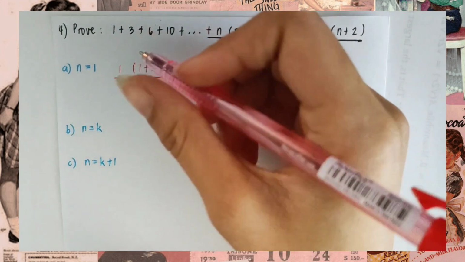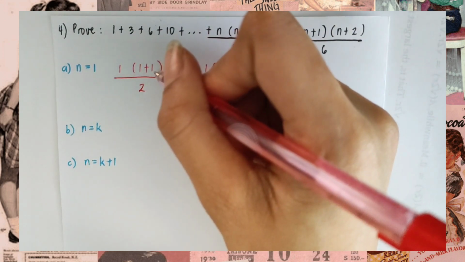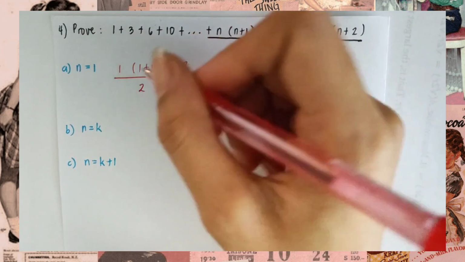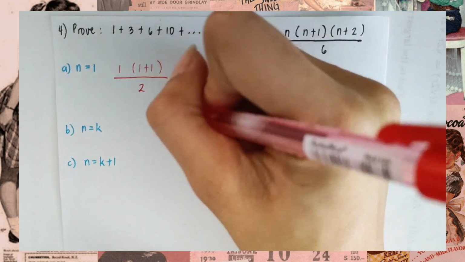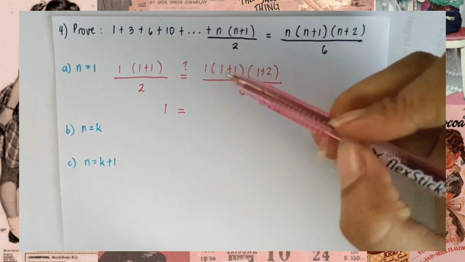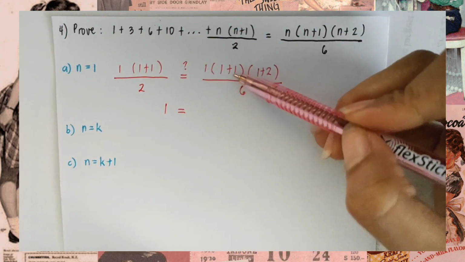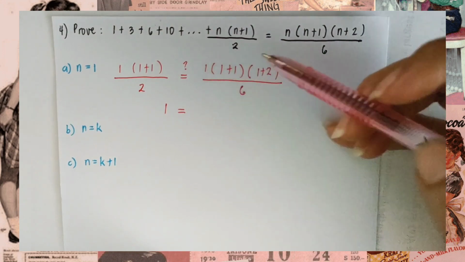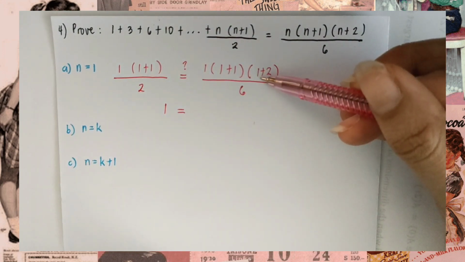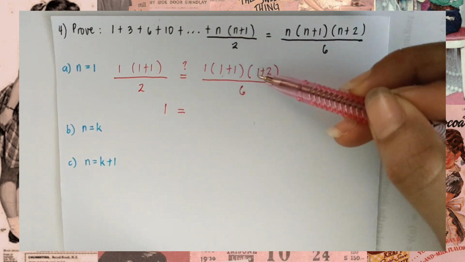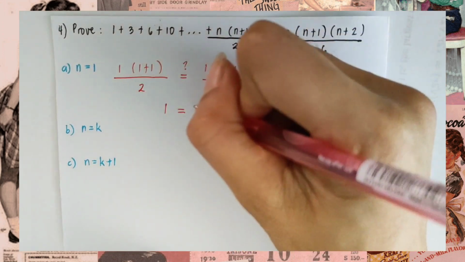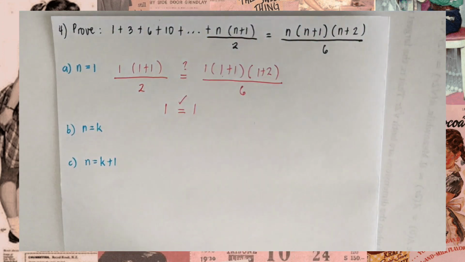We have 1 plus 1, that is 2, times 1 is 2, divided by 2 is 1. And then 1 plus 1 is 2, times 1 is 2. 1 plus 2 is 3. So 2 times 3 is 6, divided by 6 is 1. Since it is true, let's proceed with our assumption.